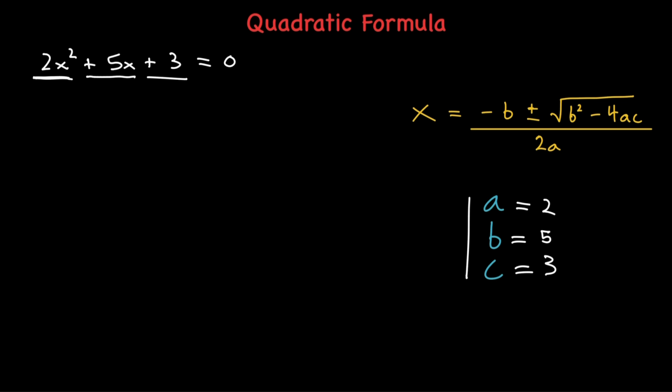And so now we have our values for a, b, and c. We can substitute them into the quadratic formula to help us solve for x. So let's write the first line.